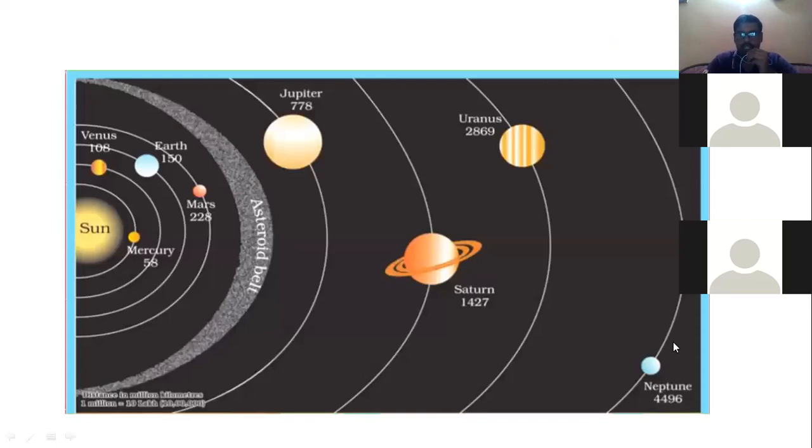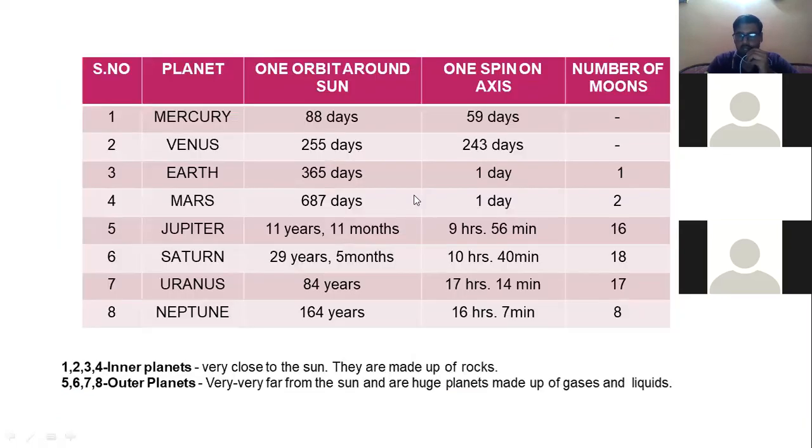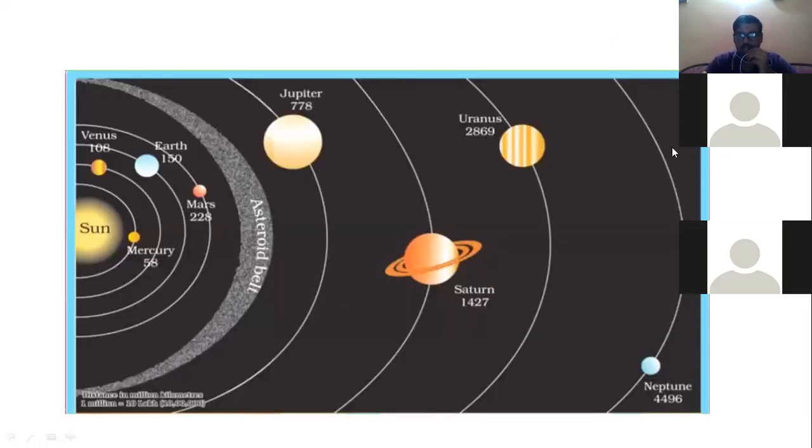This is basically the new image of the solar system. As you can see here, there is no Pluto.